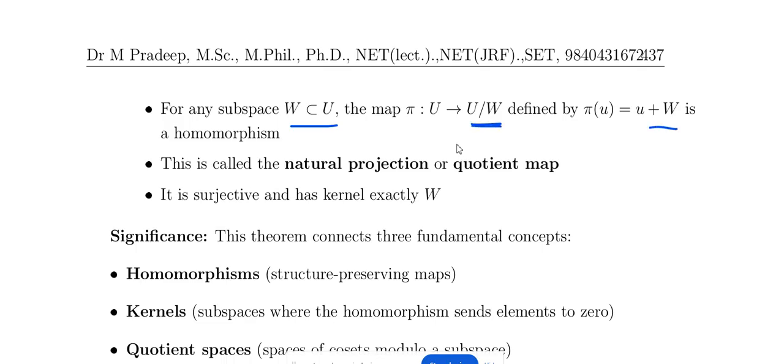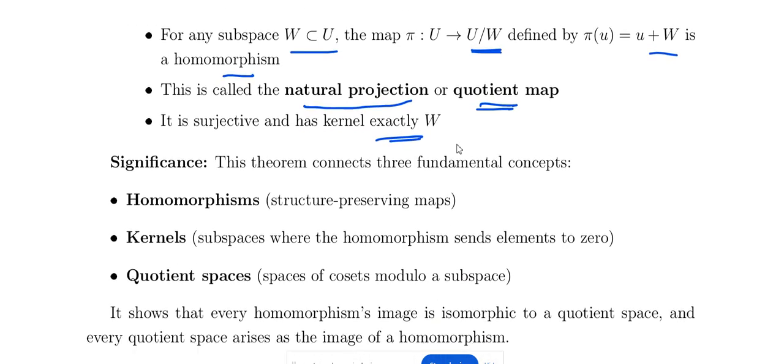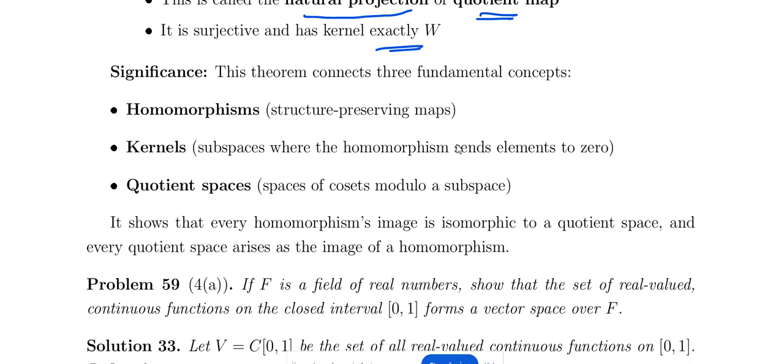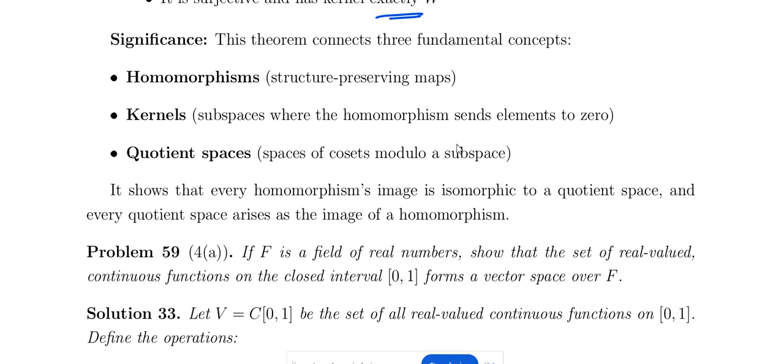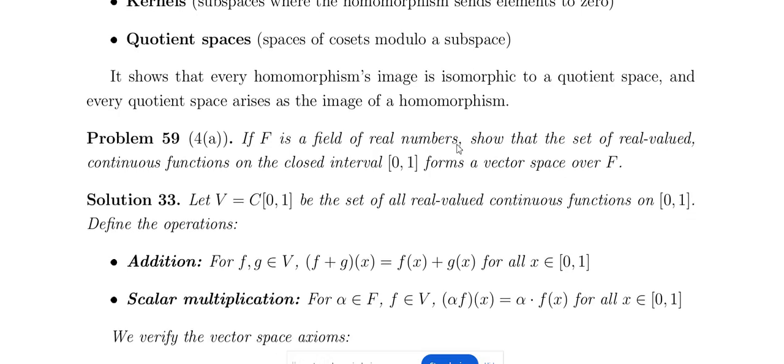This is a homomorphism. This is the second part. This is called the natural projection or quotient map. It is surjective and has kernel exactly W. W is the kernel, and that is the fundamental concept: a homomorphism is a structure-preserving map, and the kernel is where the homomorphism sends an element to 0, and the quotient space is ideal.